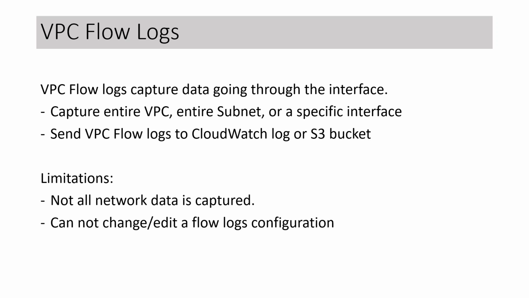You can have VPC flow logs sent to either CloudWatch, which I'll talk about in a little bit, or to an S3 bucket, which I'll show you real quick. A couple of limitations. Not all of the data is captured. You're only getting metadata about the flow, about the conversation between the source and the destination.